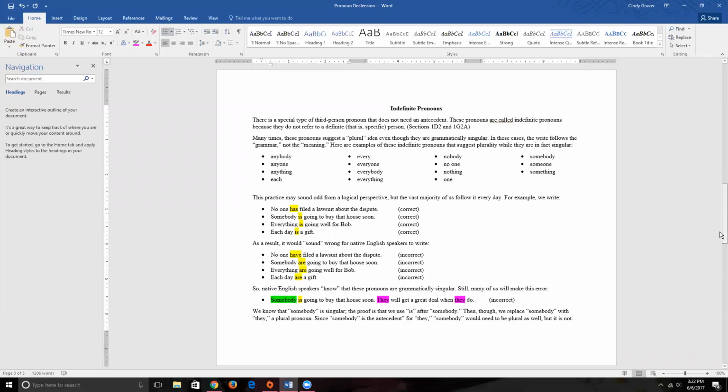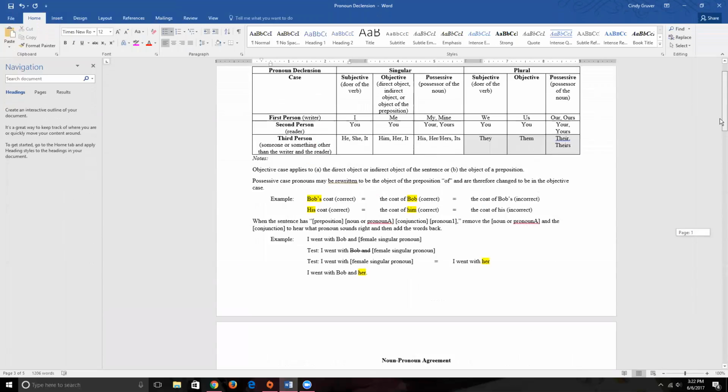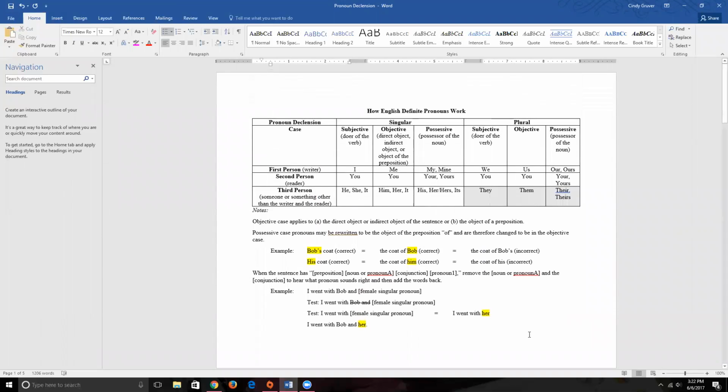You may recall when we were talking earlier, we talked about how pronouns are set up. Well, these pronouns that we were talking about previously, all of these are actually definite pronouns. They are a particular type of pronoun. For most of us who think about pronouns very regularly, and it's probably not that many of us, these are the words that we think of when we think about pronouns.